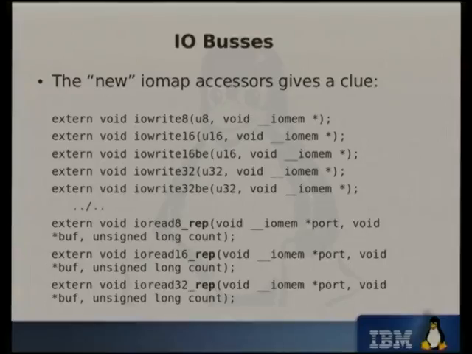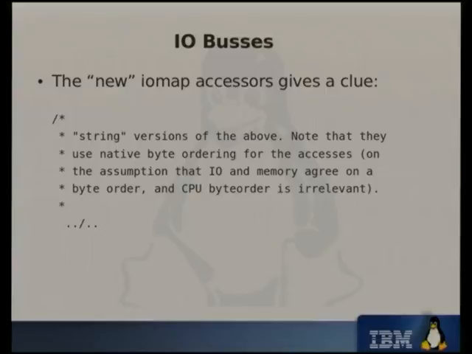Now, part of the answer can be found if you look at the new IOMAP accessors, the header file that defines them. You notice that we provide a set of rep variants of them here, which are going to do repeat reads or repeat writes from a FIFO. There is a reason we provide those, not only to avoid you doing a loop here. It allows you to also avoid too many memory barriers, but mostly because of that comment that I have snipped here and expand here.